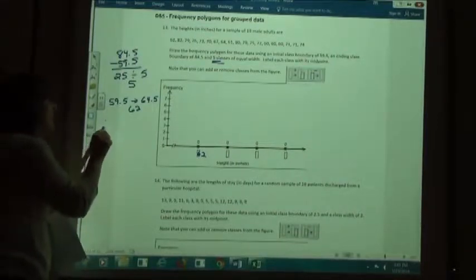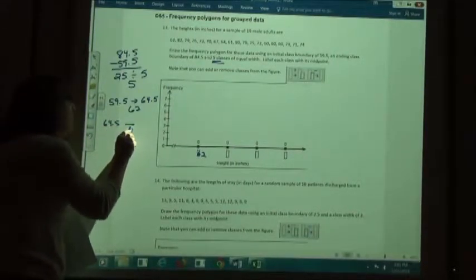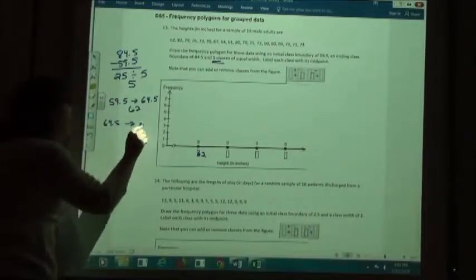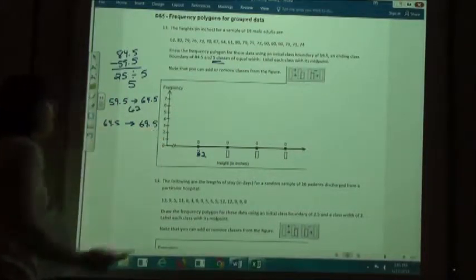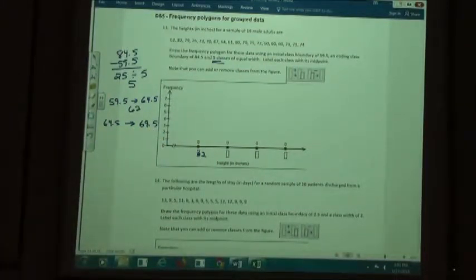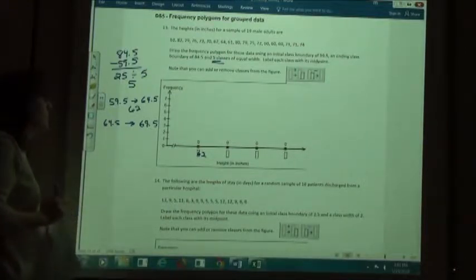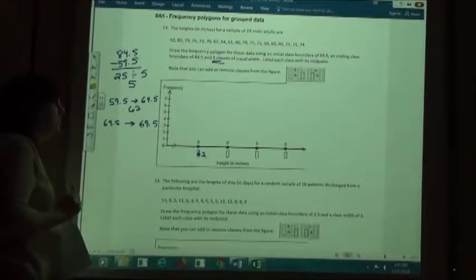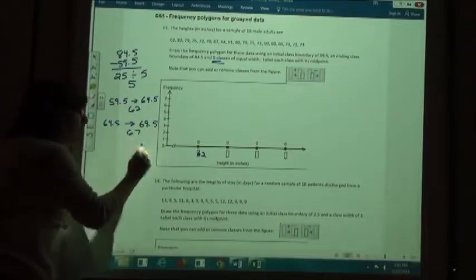My next section, 64.5 to, if I add 5, 69.5. The midpoint of that would be 67.